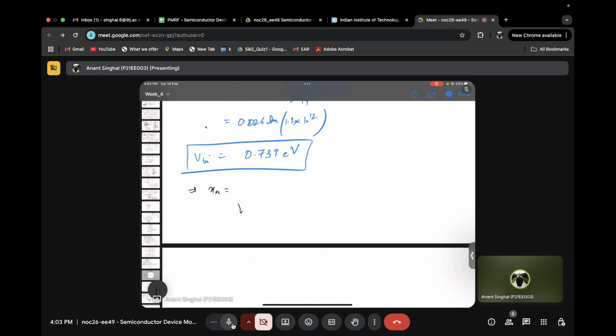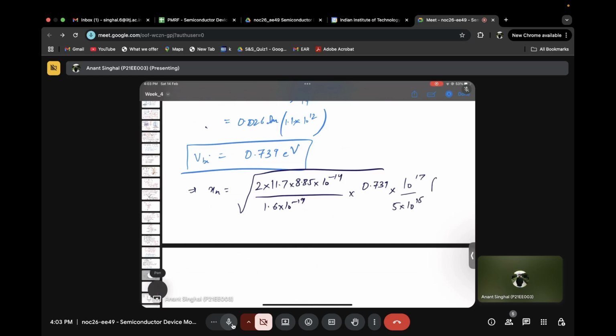So it will be 2 epsilon s, where epsilon s is 11.7 times 8.85 times 10 to the minus 14 in centimeter, divided by Q, which is 1.6 times 10 to the minus 19, into VBI, which comes out to be 0.739, then NA by ND, which is NA over ND times (NA plus ND).